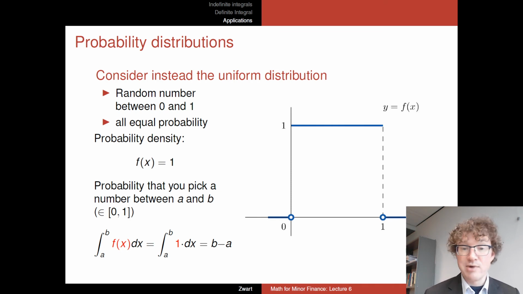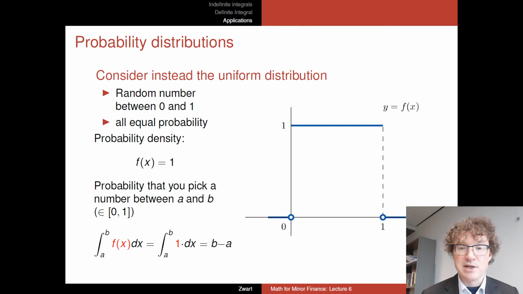So I have to evaluate the function x at the upper boundary, b, gives me b, minus the function x evaluated at a, so minus a. So the probability that I take any number between a and b is just b minus a.